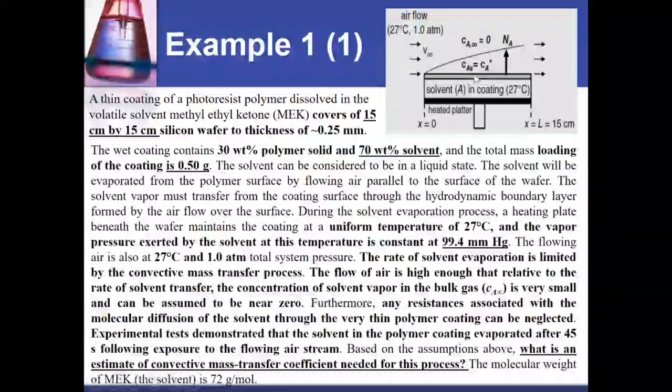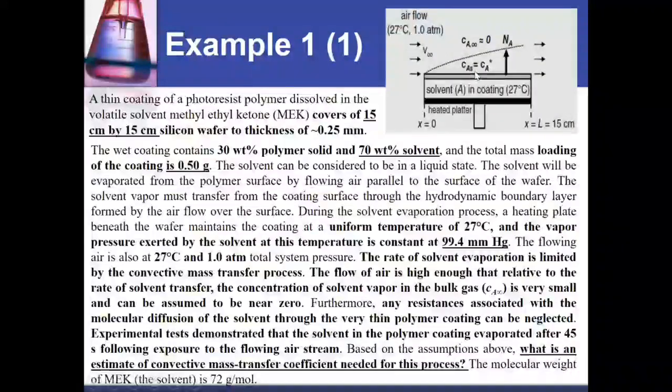So the diffusion in the coating is fast compared to the convective mass transfer. This is what we mean when we say the rate of solvent evaporation is limited by the convective mass transfer process, because we say that CAS here should be constant.